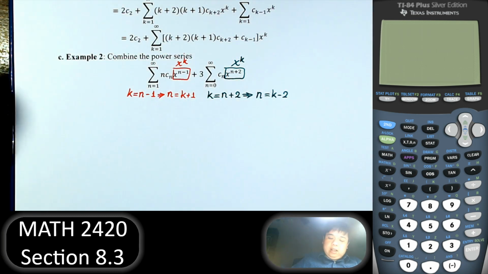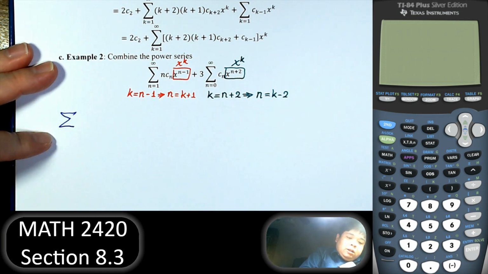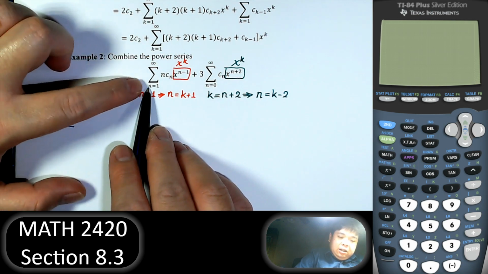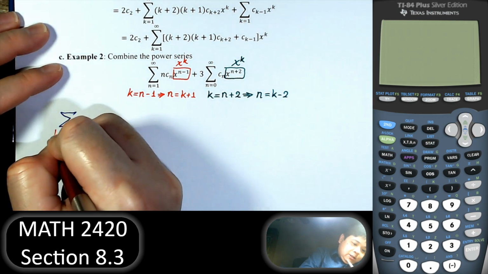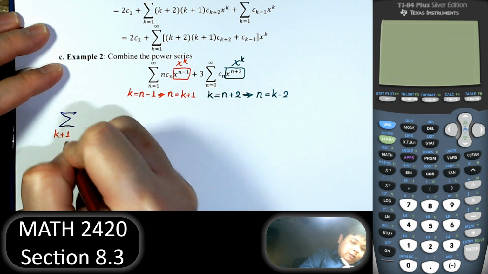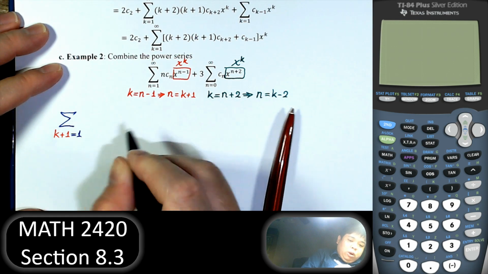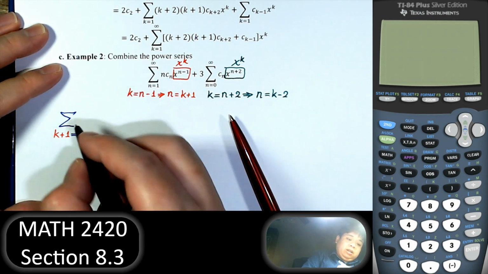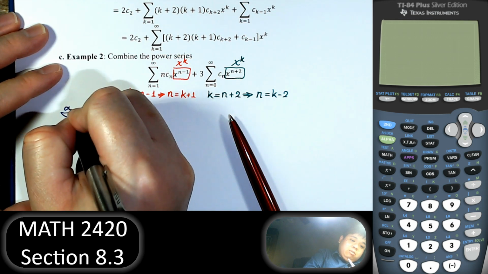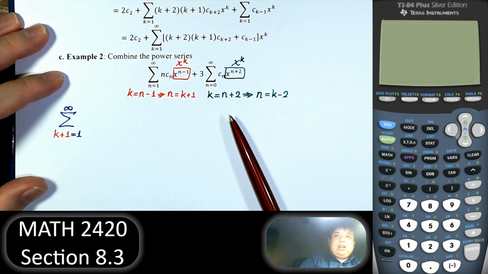Now substitute back into our problem. Right, n here, which is k plus 1, equal to 1. By the way, it doesn't matter when we substitute infinity, still infinity. So that's why we don't have to concern much about that. If this is not infinity, then we have to change that as well.